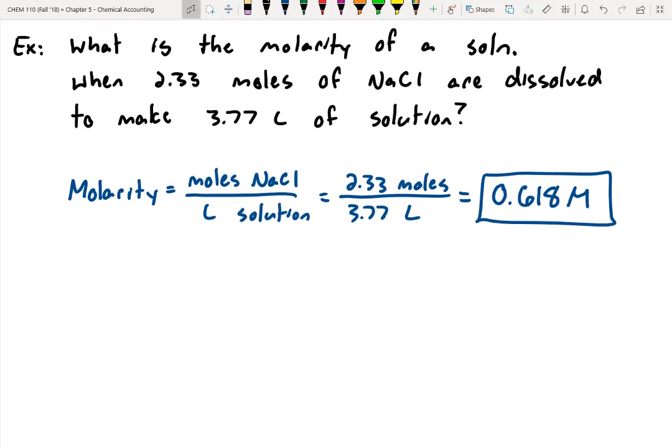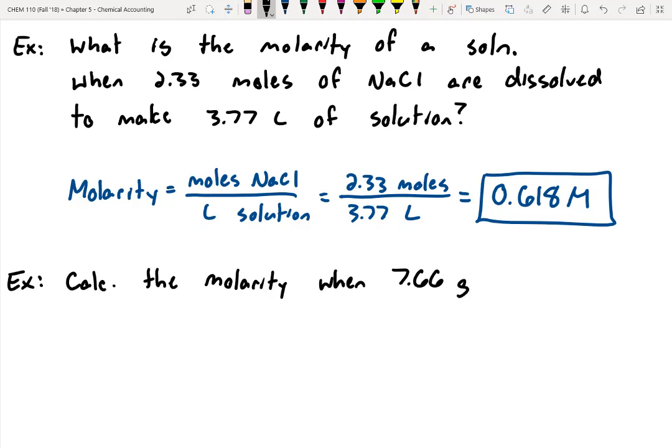This one's going to require more work, and you may want to work with a partner on it. All right, so the next one is calculate the molarity when 7.66 grams of CaCl2, what's that called? Calcium chloride, right?